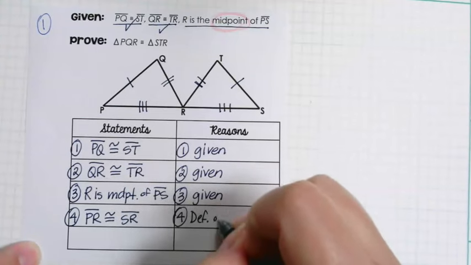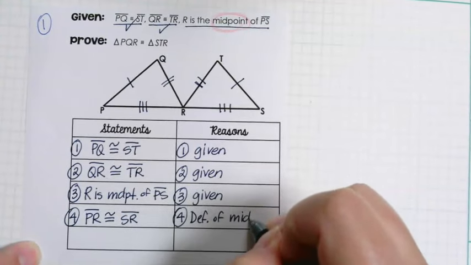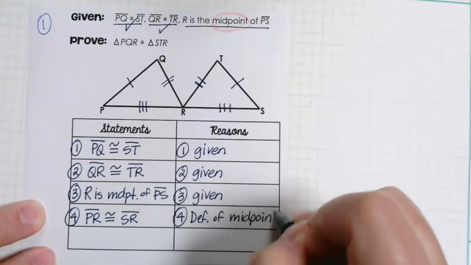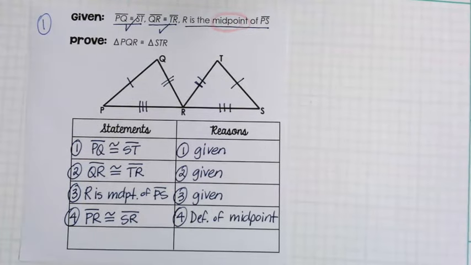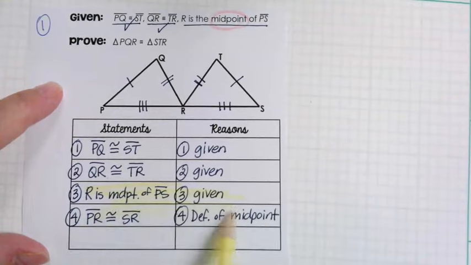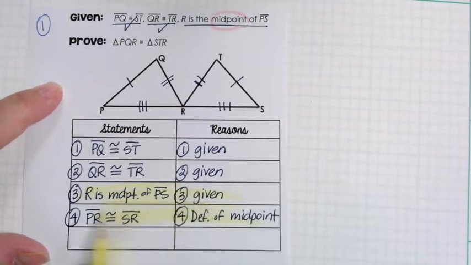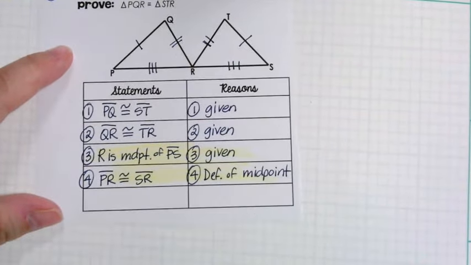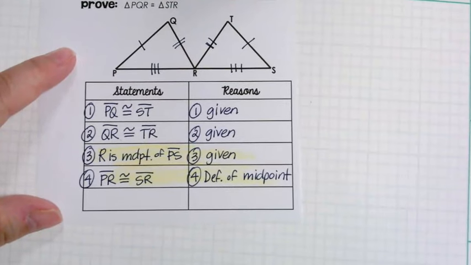Because that's what it means to be a midpoint. When you have a midpoint, it breaks your bigger segment into 2 congruent smaller pieces. So pretty much anytime you're given that you have a midpoint, that gives you 2 steps in your proof. The step where you acknowledge that, and then the step where you say what that means in terms of congruence.